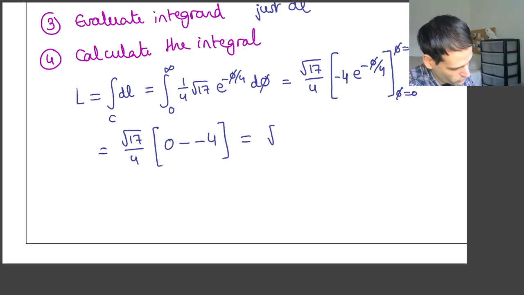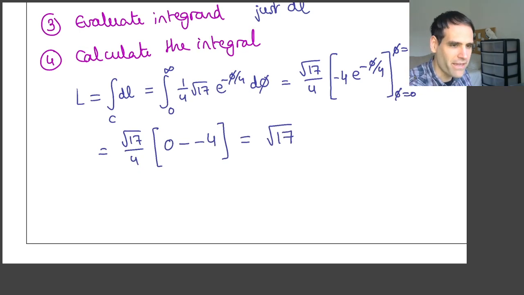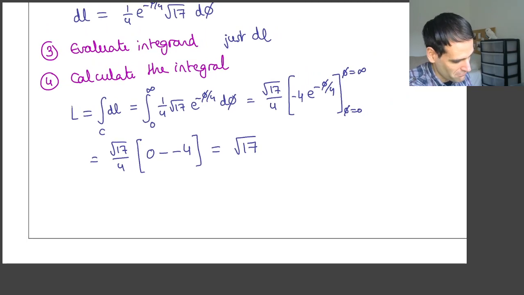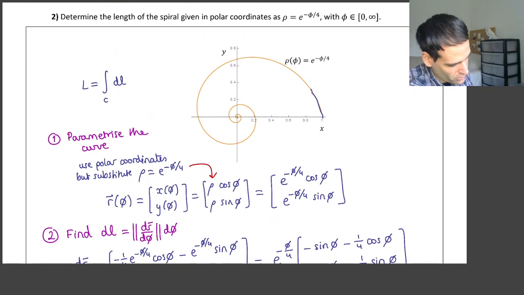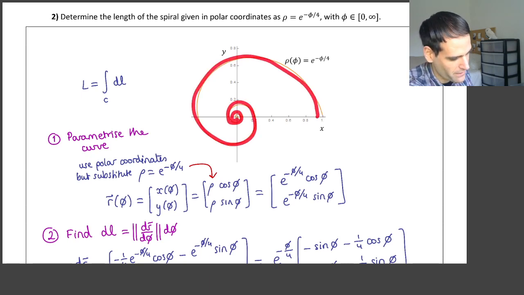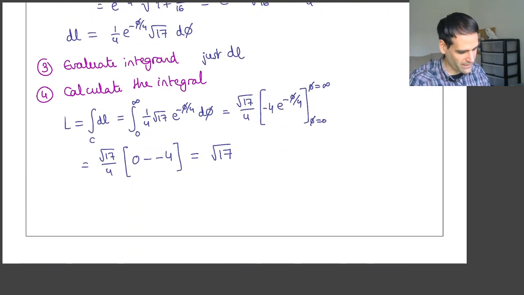So you end up with square root of 17. Amazing. So you have this spiral, which is going around the origin an infinite number of times, and yet the length of this spiral is the square root of 17. Why not? Amazing, right?